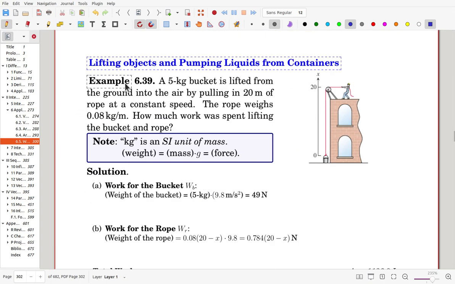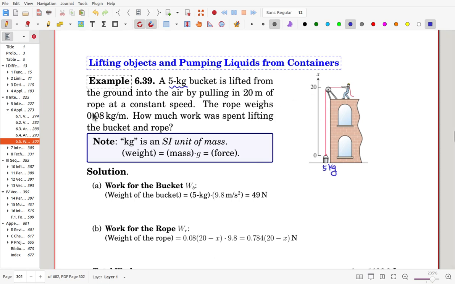Now we have this example. We'll deal with some lifting objects and pumping liquid from containers. Okay, the bucket is now 5 kilograms. So here we have a 5 kilogram bucket.